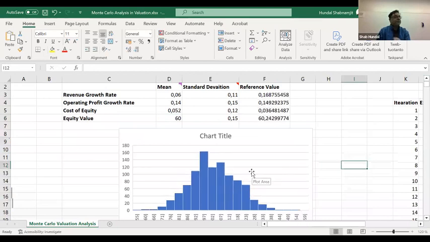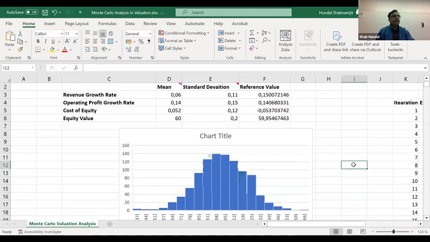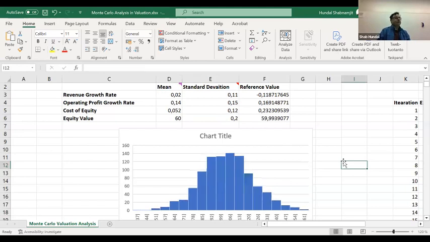The values change. Did you notice that the graph has changed? If you remember that the next year is not very stable, but even more volatile, more standard deviation, the graph would change. If you change some assumptions about your revenue growth rate, if you become pessimistic that your revenue is not growing at 6%, but rather 0.02%, the chart values would change.